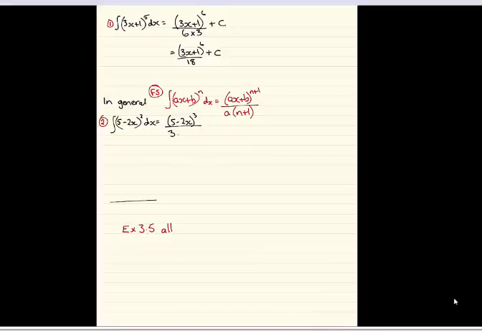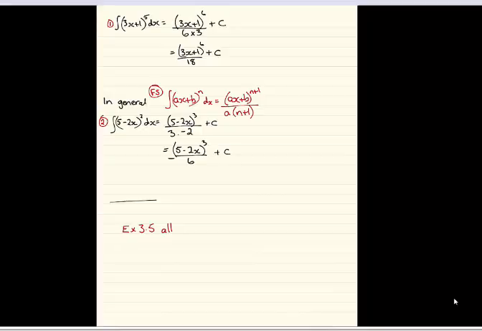It would have been a negative 2, isn't it? So I need to multiply that by negative 2. Add my constant, and I get 5 minus 2x all cubed all over negative 6 plus c.